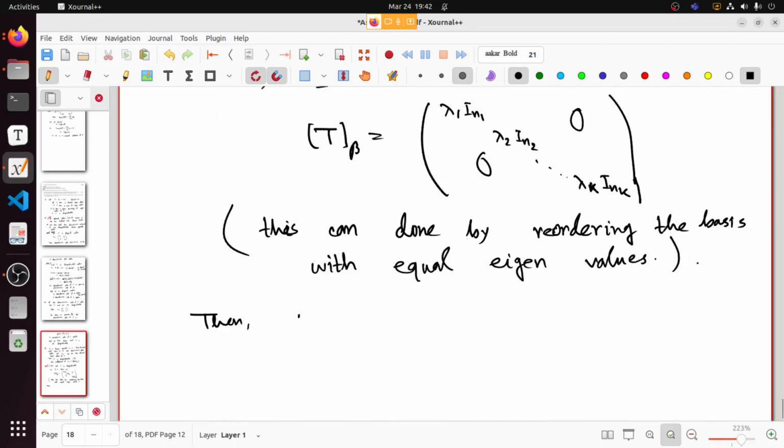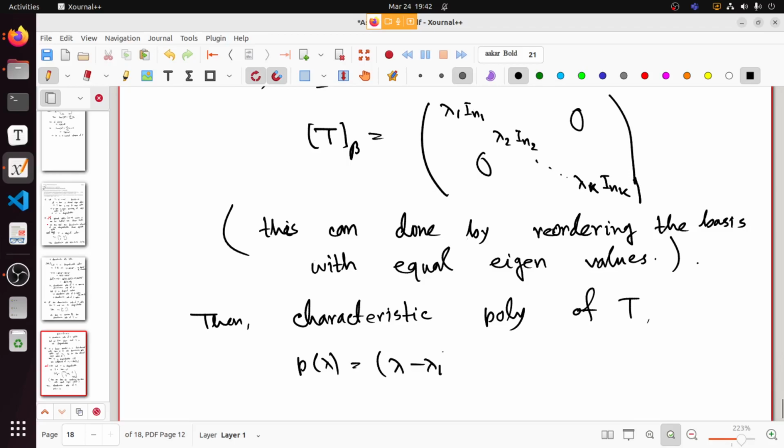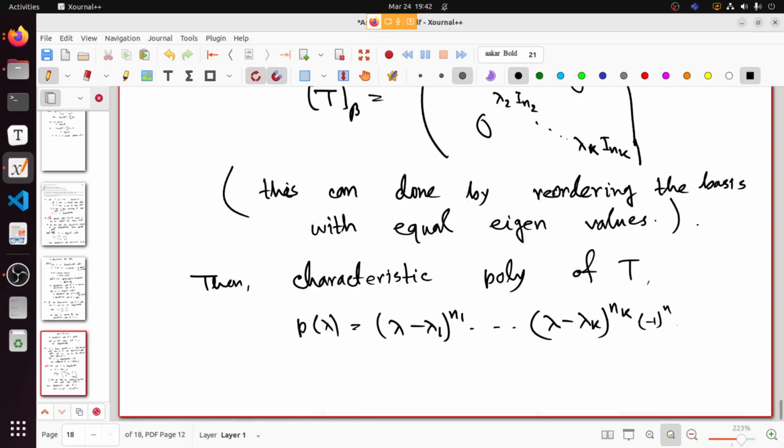The characteristic polynomial of T, let's call it p of lambda, will be (lambda minus lambda 1) to the power n1 and so on up to (lambda minus lambda k) to the power nk, up to a factor of minus 1 to some power, where ni is the dimension of E lambda i.